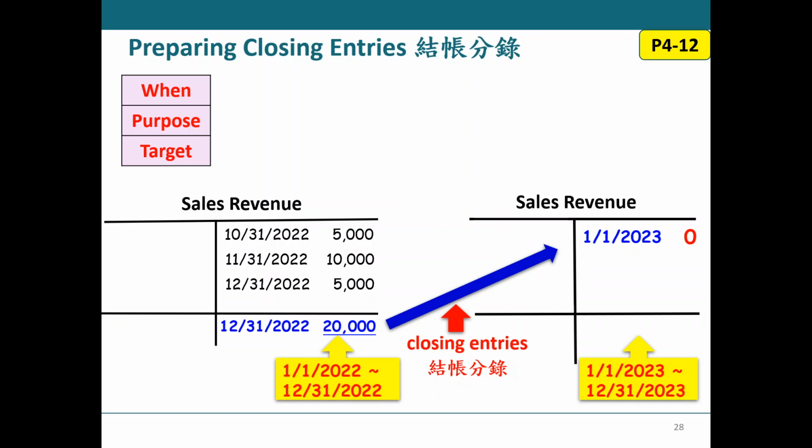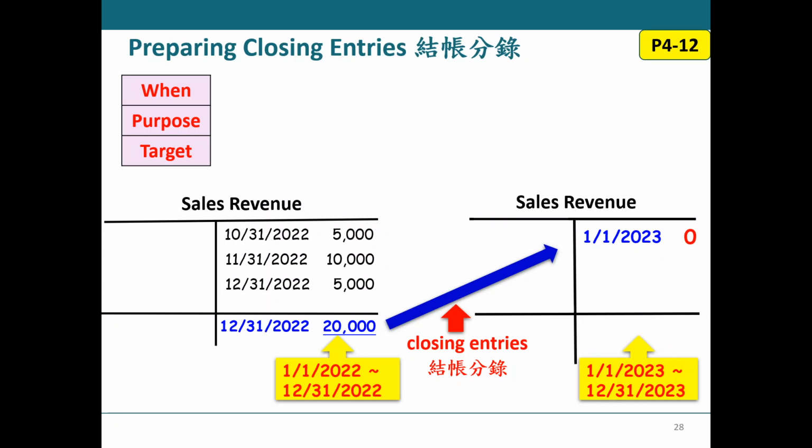Okay, so for chapter 4, last week we mentioned closing the book, right? Remember when we do that before we move on to next?